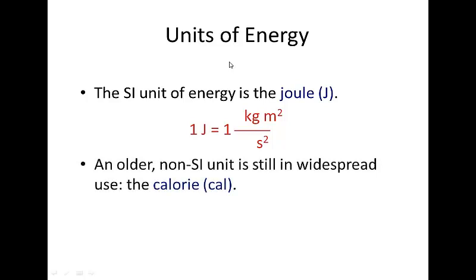Also, an older non-SI unit, still used on rare occasions, is the calorie with a small c. The symbol for calorie is small cal, not to be mistaken with the food calorie, which is a capital Cal. If you look on any food package, you will see capital C Calorie, which happens to be equivalent to 1,000 small c science calories. A small c calorie is 4.184 joules.